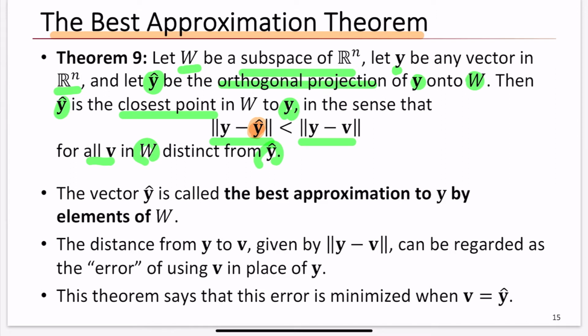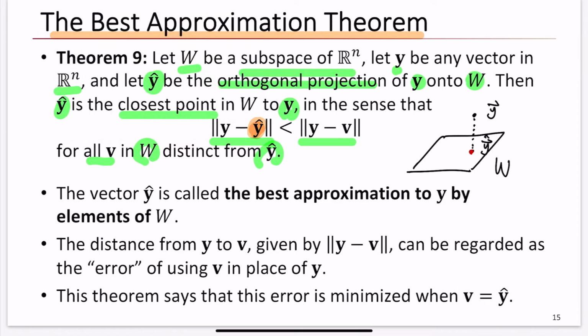It seems very, very difficult, but it's very, very intuitive. This theorem says that, okay, here is the subspace W, and let's suppose that here is the vector y, and here is the orthogonal projection of y onto W, let's say y hat. Then this y hat is the closest point from y to W. This is the best approximation theorem.